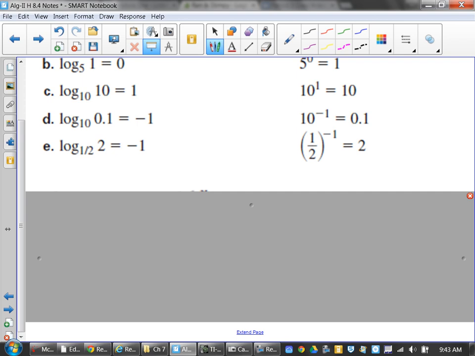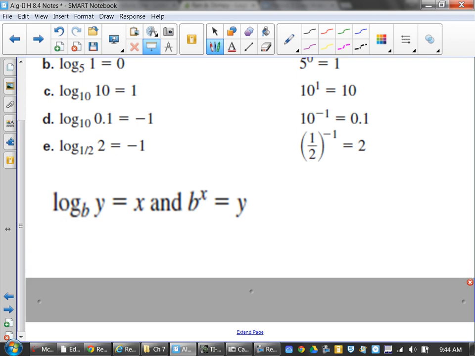It would have been log base 2 of a half is -1. It would have been that. Does that make sense? Not very, very scary, I'm hoping, right?